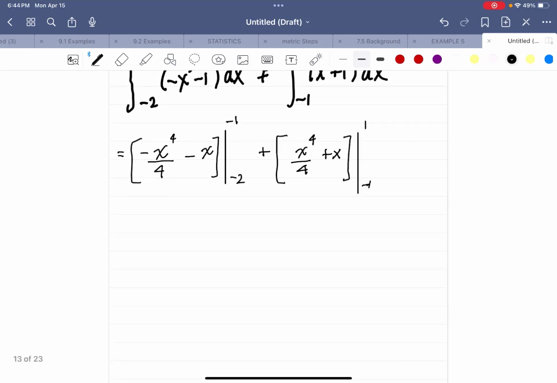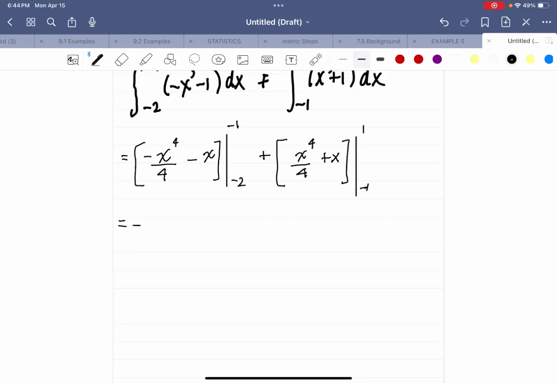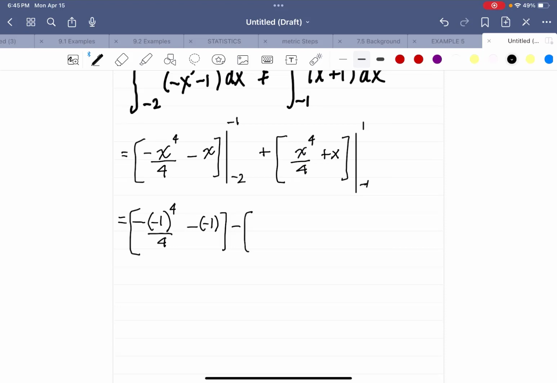So got to be careful here. So let's see. I'm going to go in here first and put my parentheses. Okay, so first thing I'm going to do is I'm going to put a -1 and a -1 there. And then it's going to be minus, remember you minus the bottom one, -2 to the 4th over 4 minus a -2.